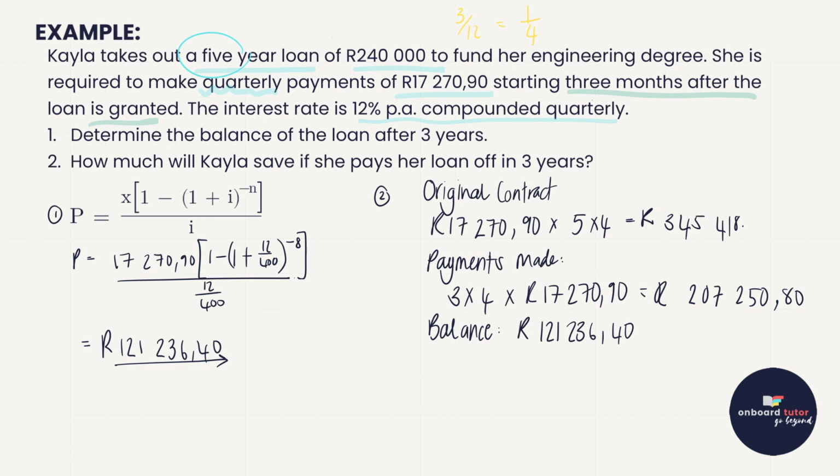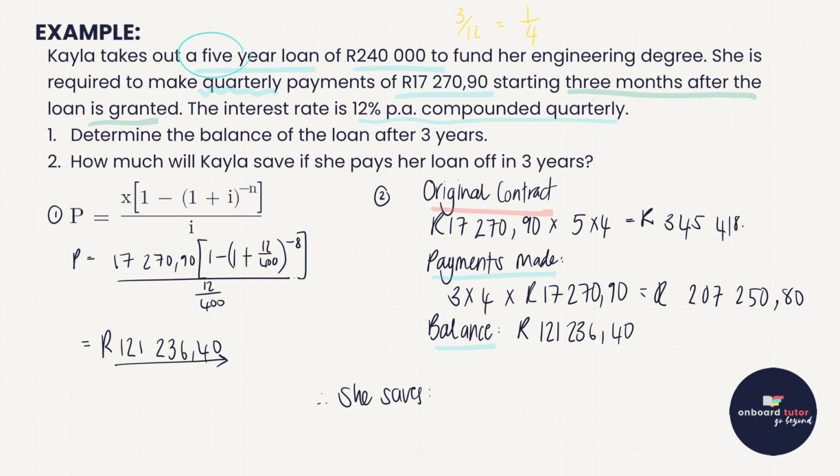So there we go. Let's just differentiate. We had the original contract amount and then these two payments here that have already been made or will need to be made. So she saves. Let's work that out.